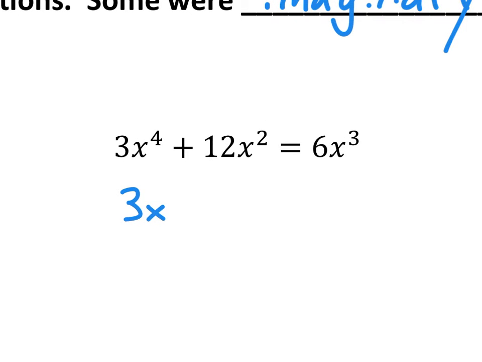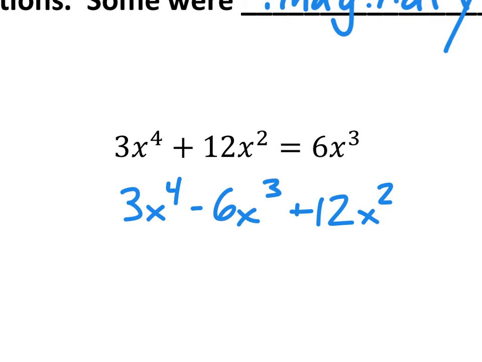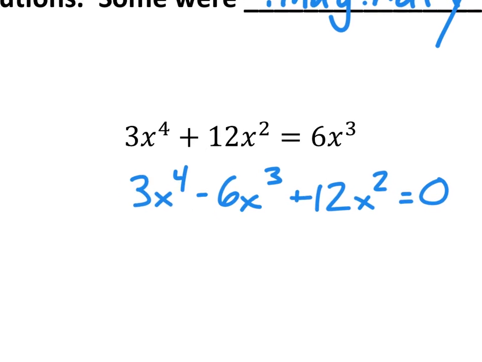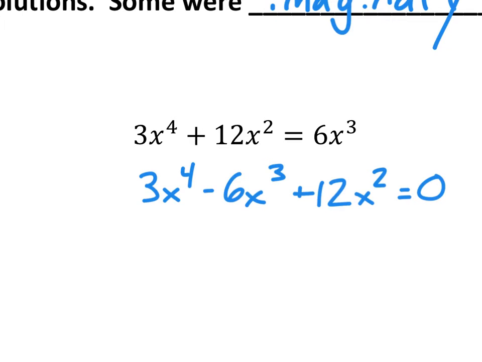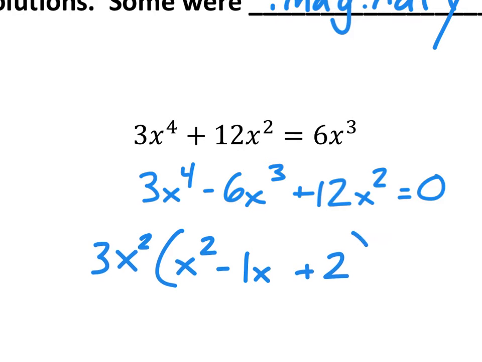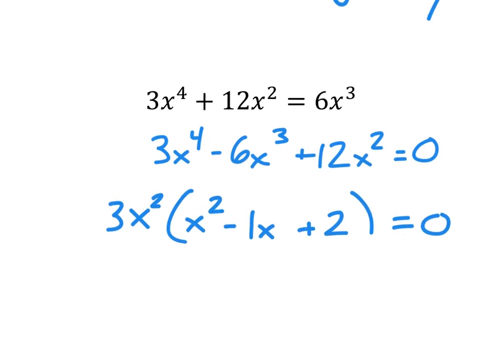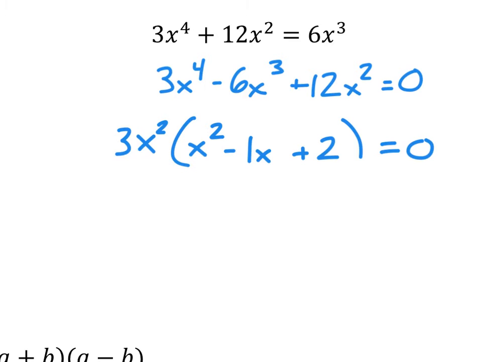First step is to make sure that we're equal to 0. So I've subtracted the 6x cubed from both sides. And now we'll look for a GCF, and we have one of 3x squared, and we're left over with this here.